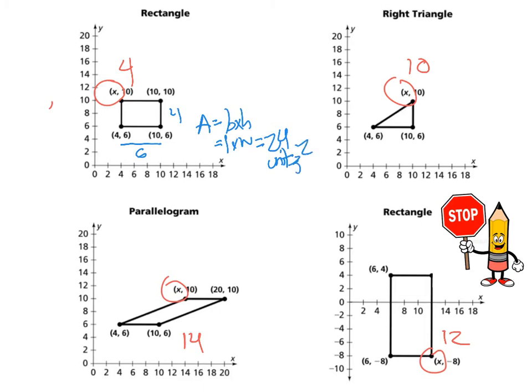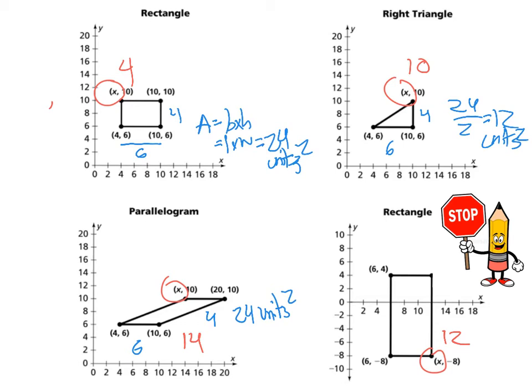For the parallelogram, again, your base is 10 minus 4 is 6, and your height is 10 minus 6 is 4, so 24 units squared. For the right triangle, you've got 10 minus 4 is 6, 10 minus 6 is 4, so 24 divided by 2 equals 12 units squared.